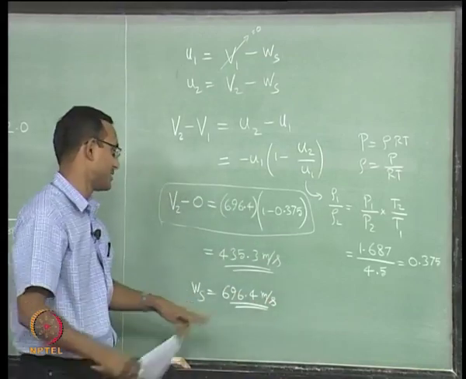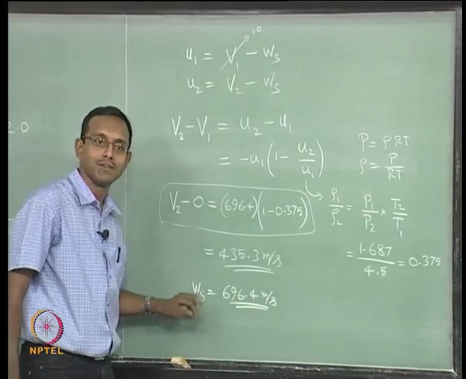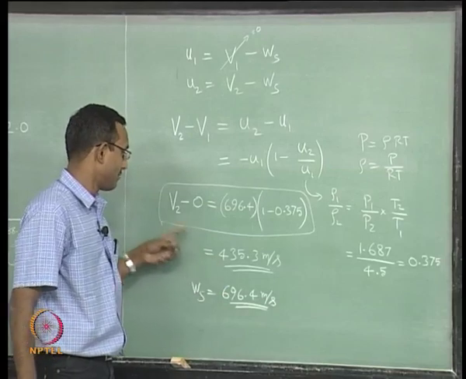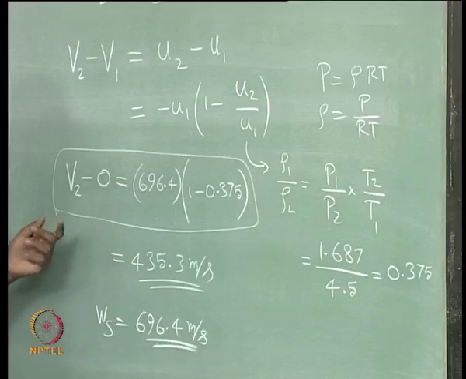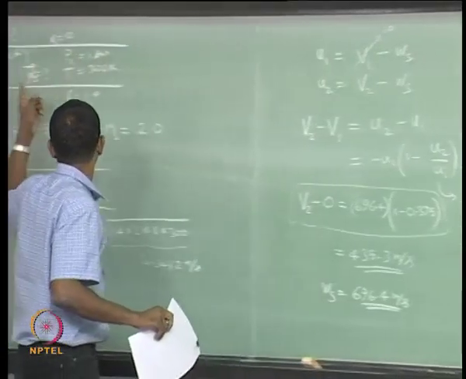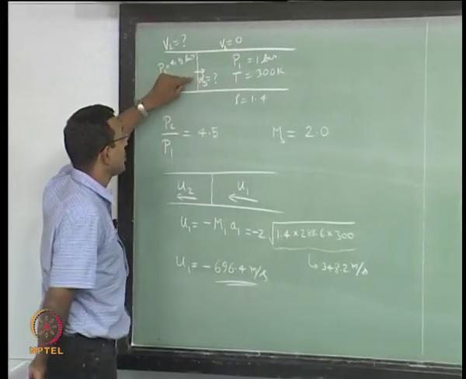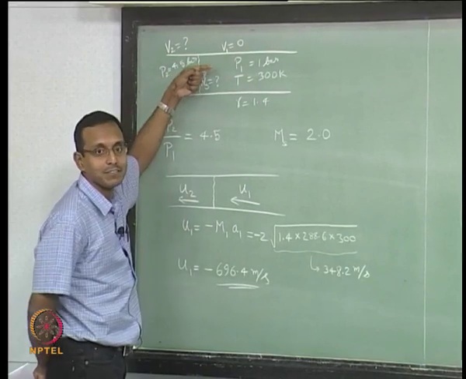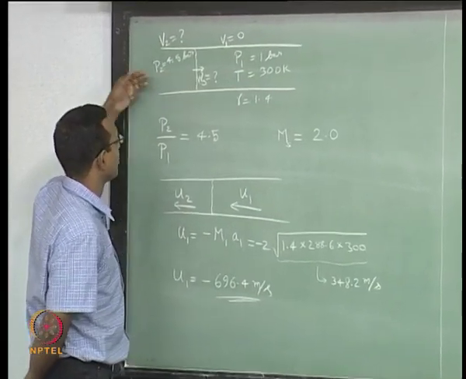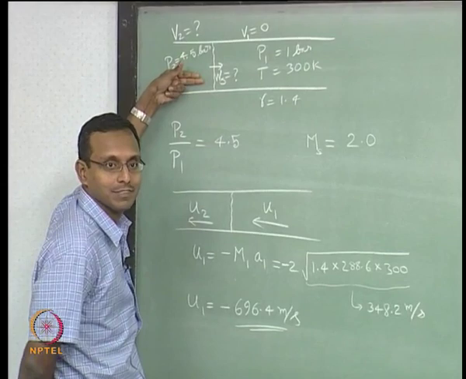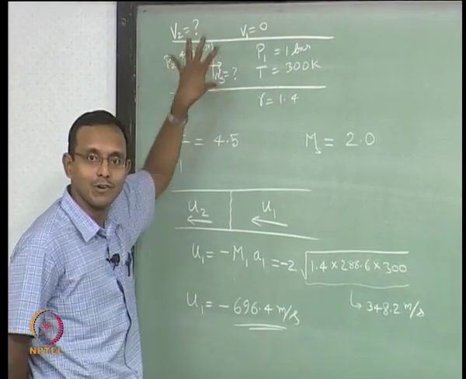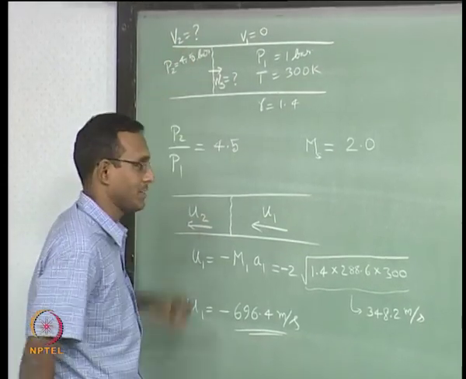It is positive, which says it is moving towards the right, from left to right. Okay. v2 is positive, its velocity is from left to right. So if I go back to the picture and say what is happening, I am going to say the shock is moving at 696 meter per second, and the flow behind it is going at 435 meter per second. Okay. That is what is the final outcome of this whole problem. Okay.